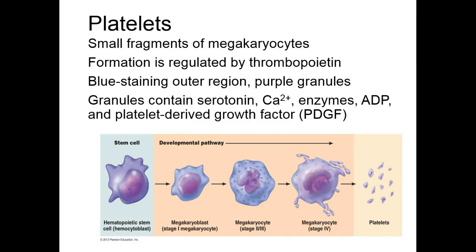So clotting is their big job, and they release chemicals important to the clotting process that helps initiate and control the clotting process. They also form a temporary patch. They physically form a temporary patch in the walls of damaged vessels.